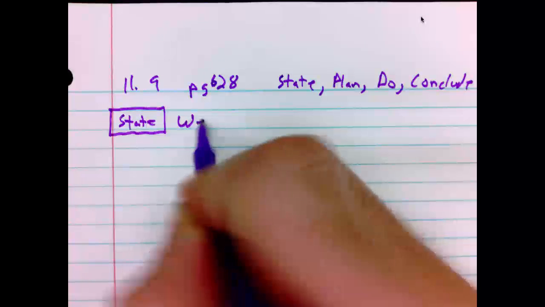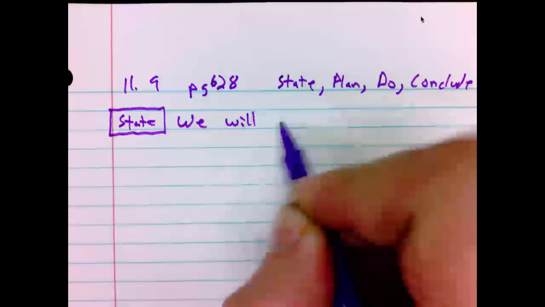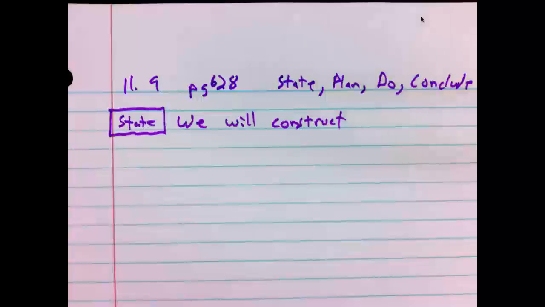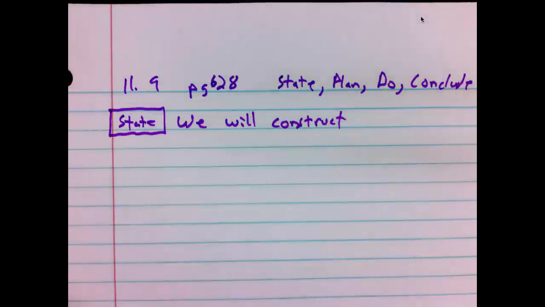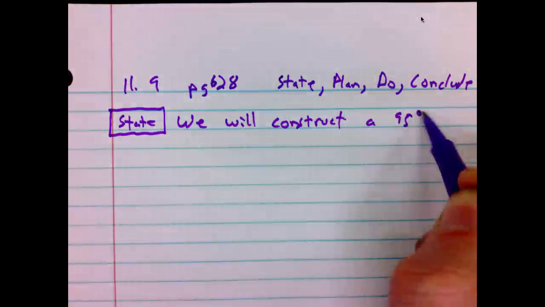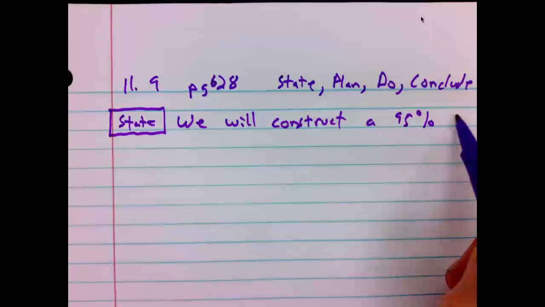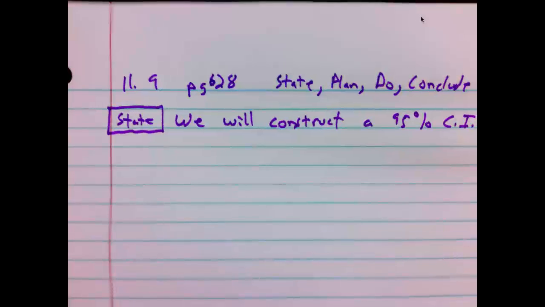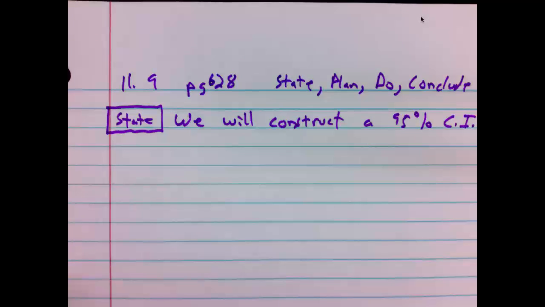And we're going to make a confidence interval, so we're simply going to say that. We will construct a 95% confidence interval. What parameter are we, mean or proportion? It says for mean.